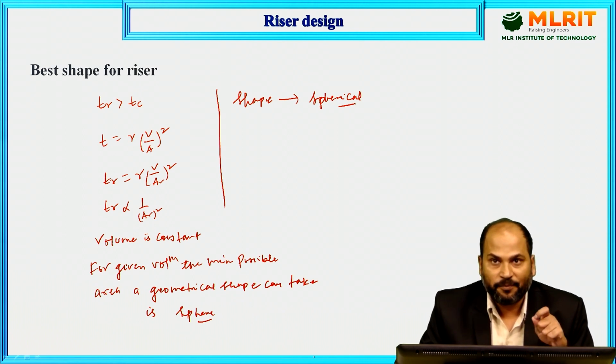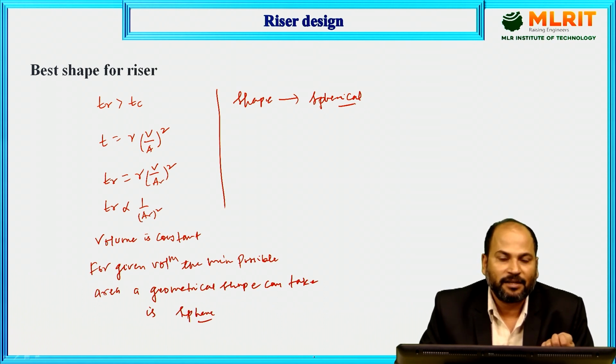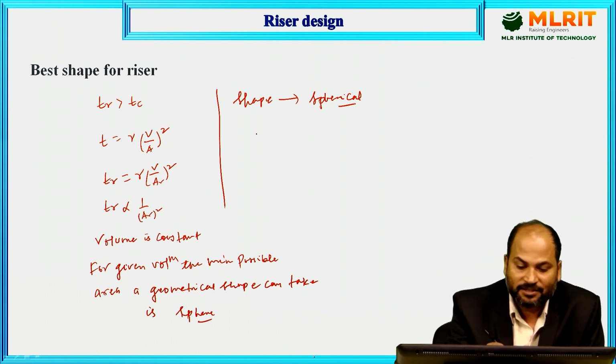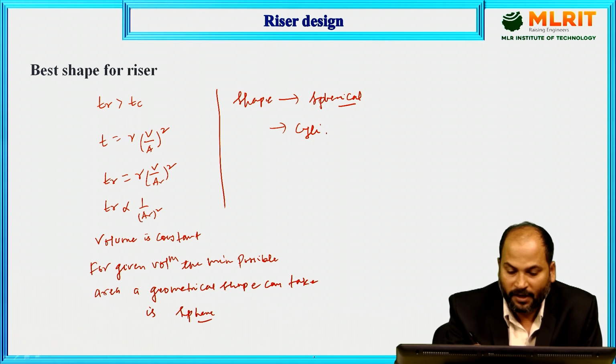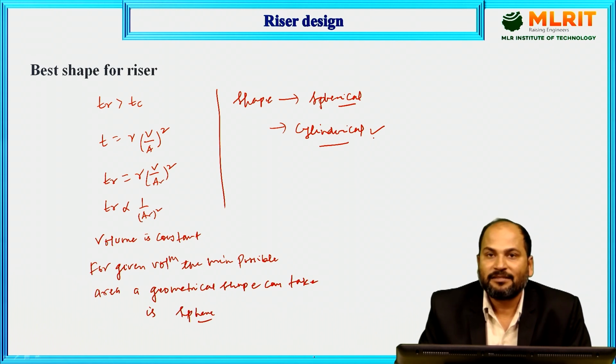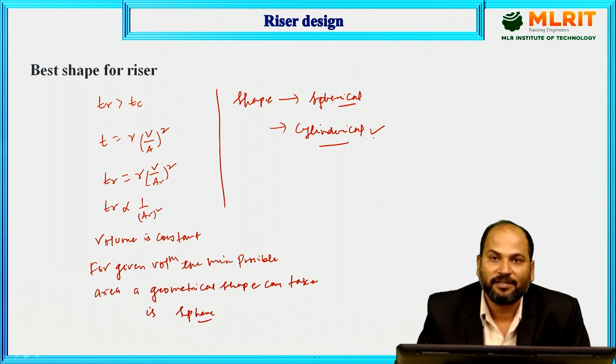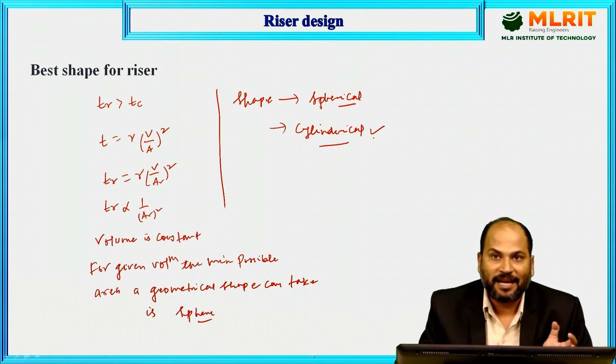The second best shape, which is frequently used for a riser design, is the cylindrical shape. It is very difficult to place a spherical shape, especially in sand casting. That is the reason a cylindrical riser is generally used in almost all casting processes.